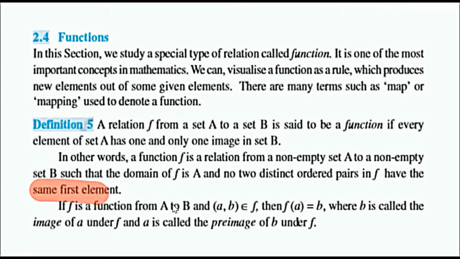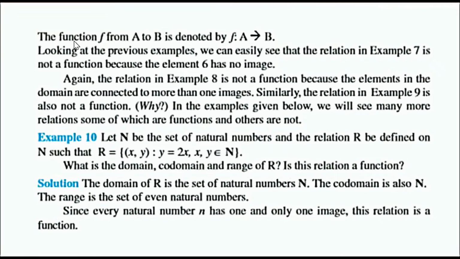If f is a relationship from A to B, we'll write (a, b) belongs to f if f(a) is b. That means if you place any value in A, you'll get only one value, b. So b is called the image of a under f, and a is called the pre-image of b under f. The function f from A to B is denoted by f: A to B. This arrow is the mapping.